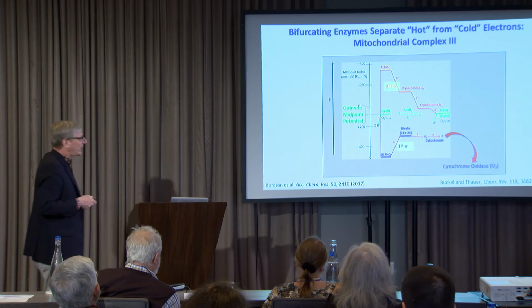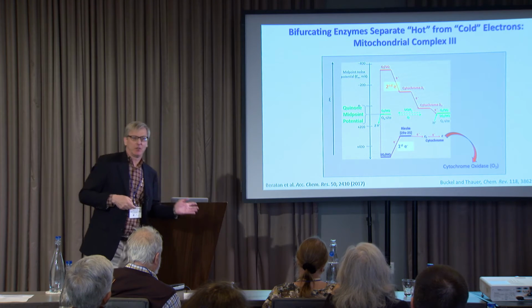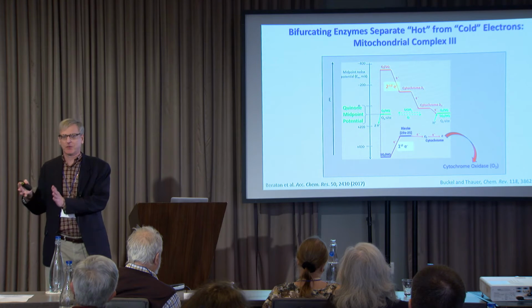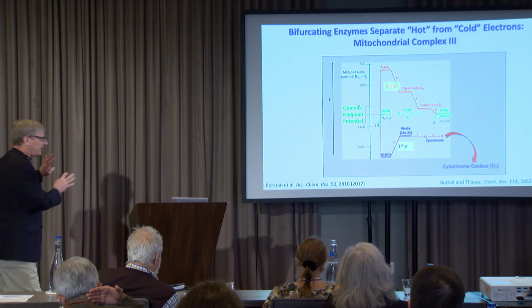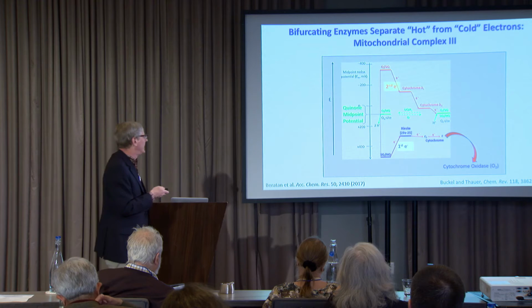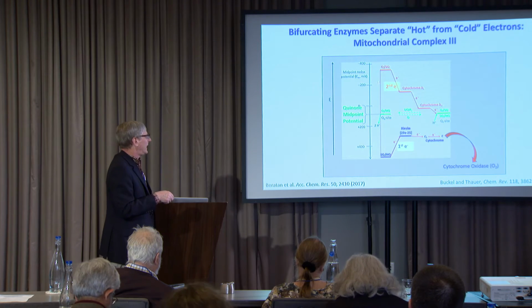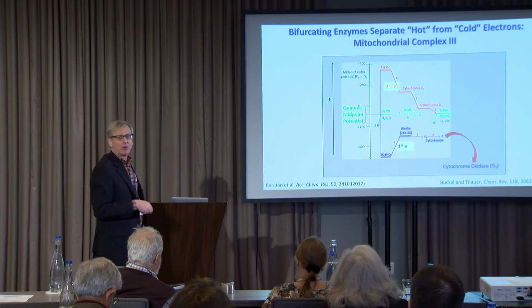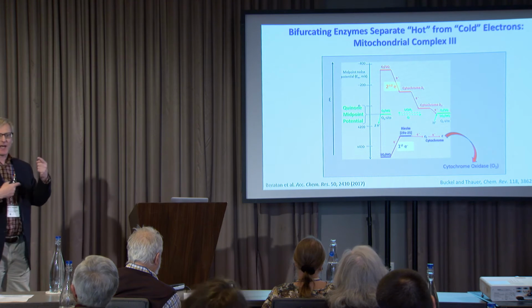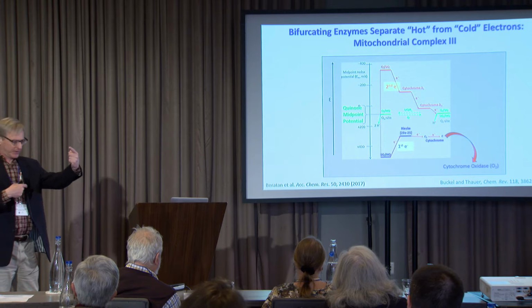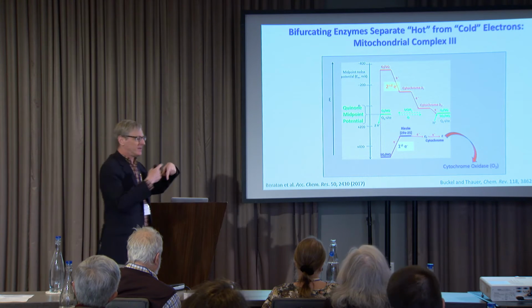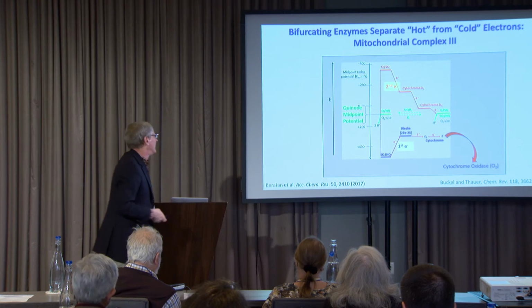But what reactions in biology have figured out how to do, and these reactions occur in complex 3 of mitochondria, and also in other contexts that we heard about briefly, the amazing thing is that the electrons are parsed out at energies that differ by almost a volt, almost as large an energy gap as you have associated with the photoexcited state in photosynthesis after it absorbs the photon.